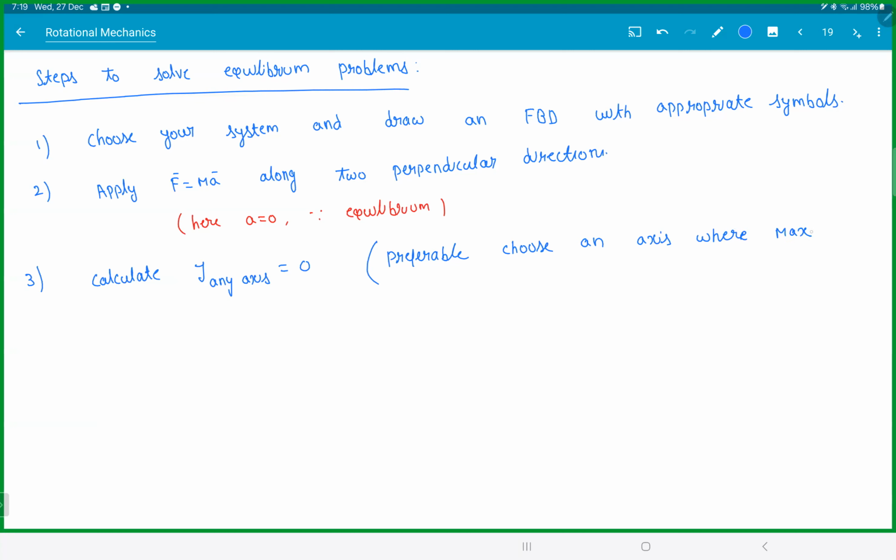Again, this is not a compulsory thing, but more of a convenient thing. If you can choose a certain point, your life becomes easy. Max forces pass through. Fourth, solve the equations. Have a look at this. Let me show you one example.